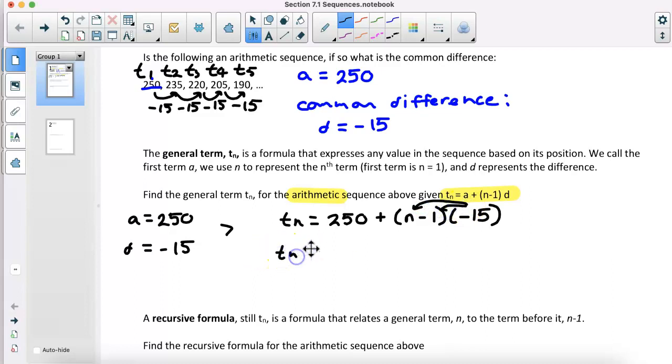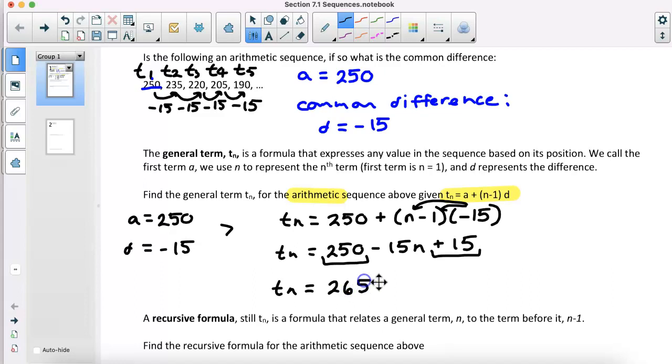So that Tn is equal to 250 minus 15n plus 15. If we collect like terms, we're going to get our equation for any term in the sequence of 265 minus 15n.